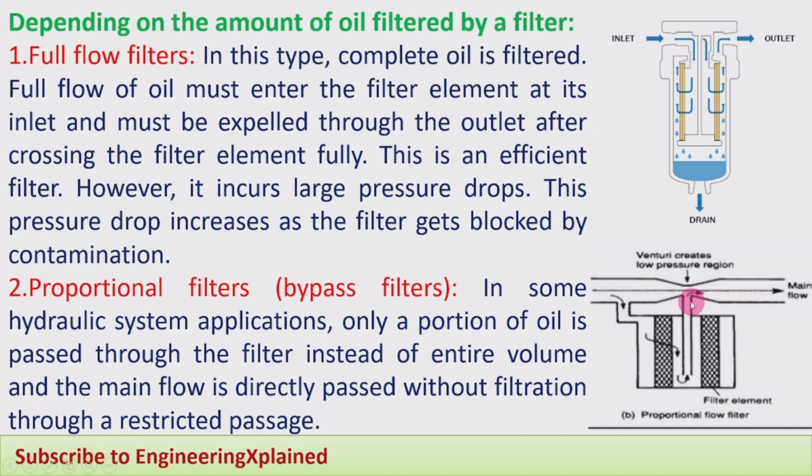A part of the flow continues in the main line, and part flows through the bypass or proportional filter, and it enters again by means of the venturi, which creates a low pressure region. Due to that, the filtered oil also enters the main flow, and thereby the filtering takes place. This is the second type of filtration.